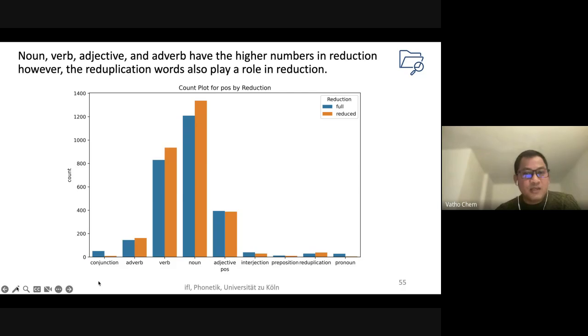As you can see, the red one is higher than the blue one, which means that the reduction form is higher than the full form. It means that, across all of the 5,000 words that I collected from the spoken corpus, the reduction form plays an important role in the parts of speech of Khmer.